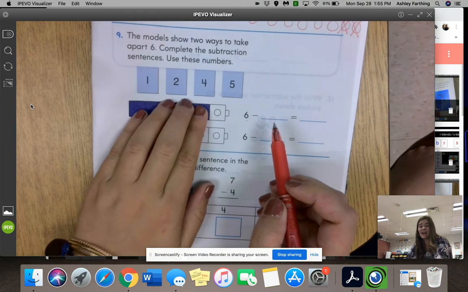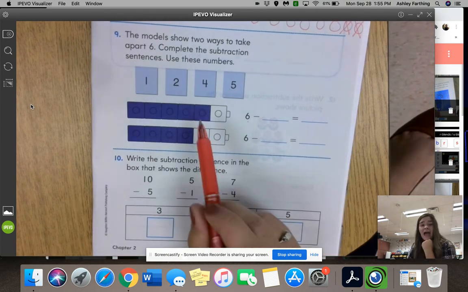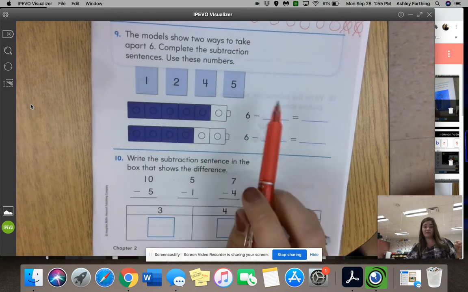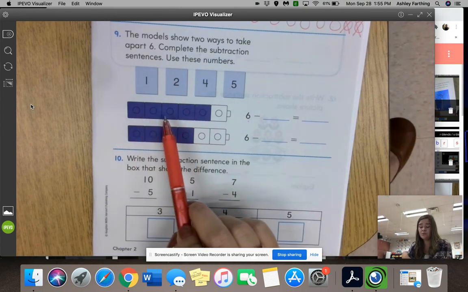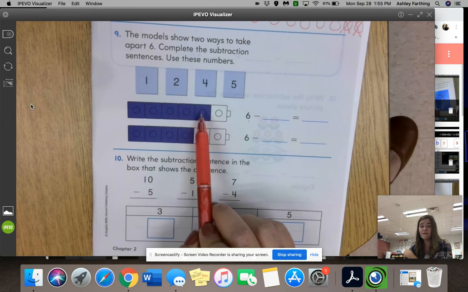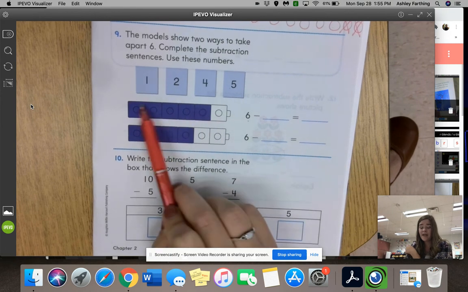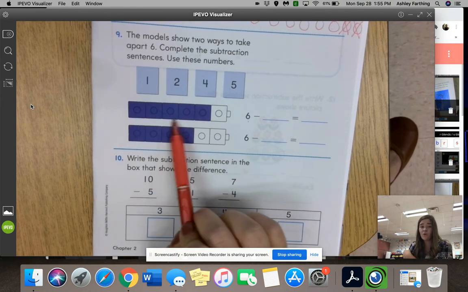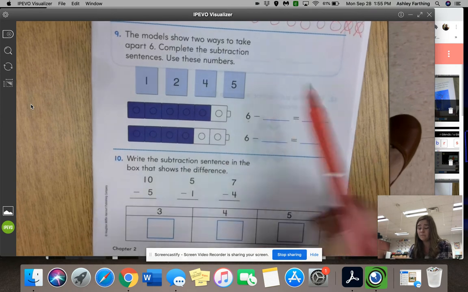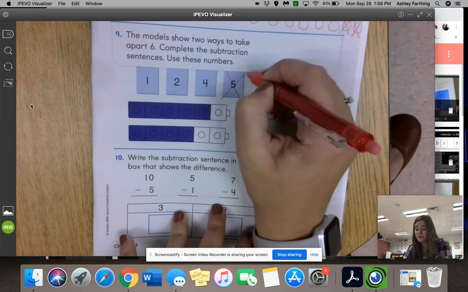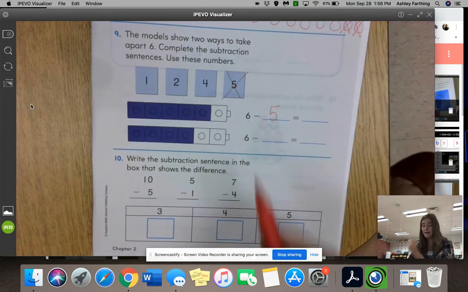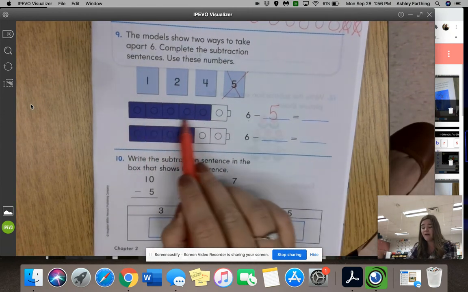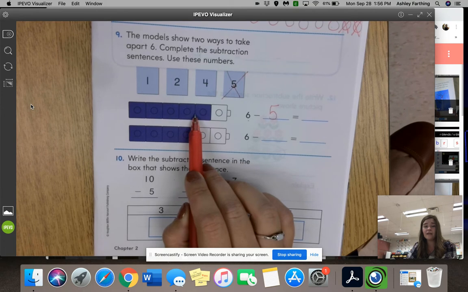Now, it has colored in some of these. How many of these did it color in and get rid of? How many did it turn blue? Let's see. 1, 2, 3, 4, 5. They got rid of 5 of the white squares. They made them blue. So I have used this number 5, and I'm going to put it down here. 6 minus these 5 equals how many white ones?